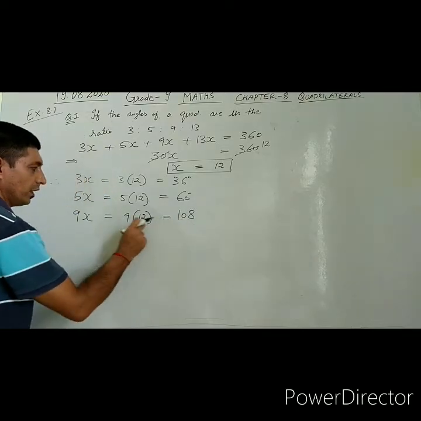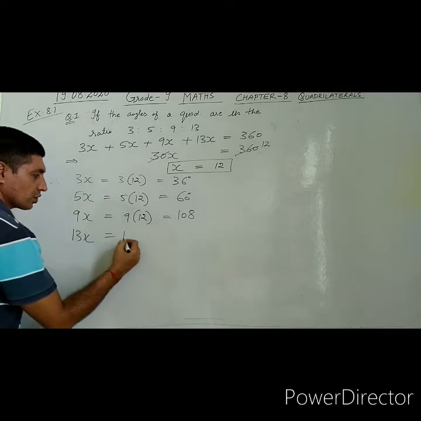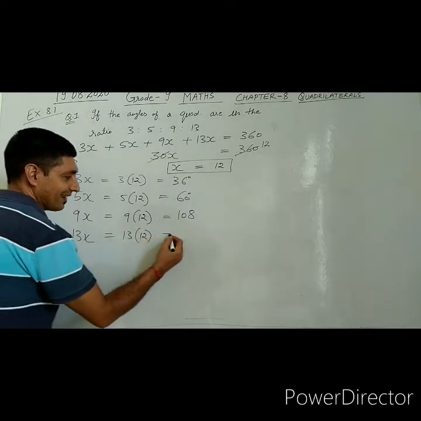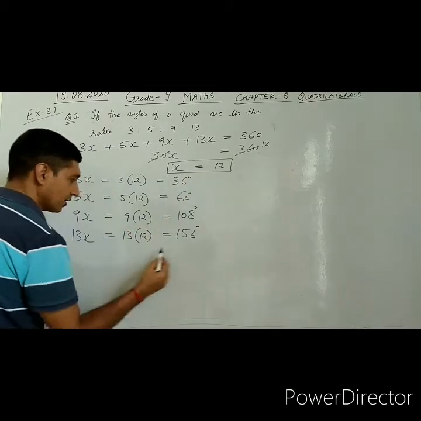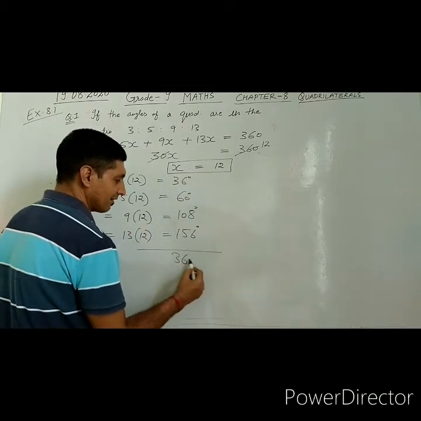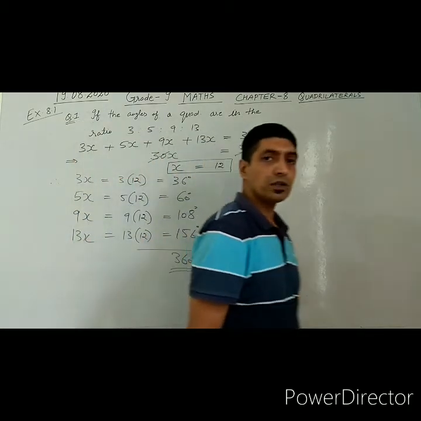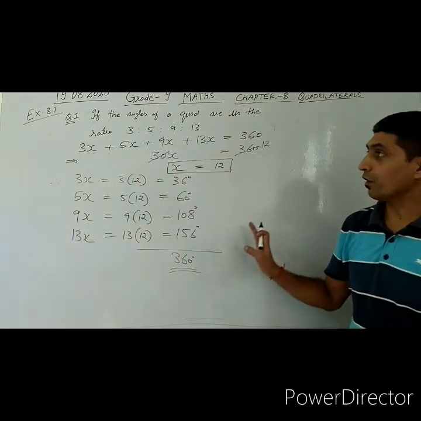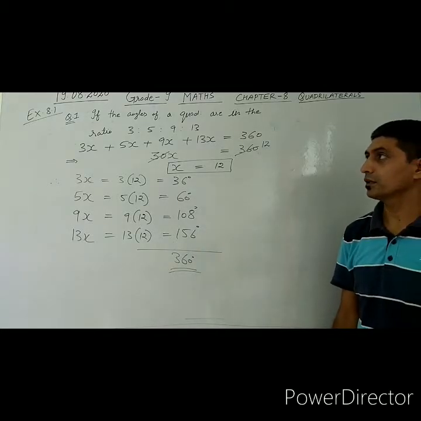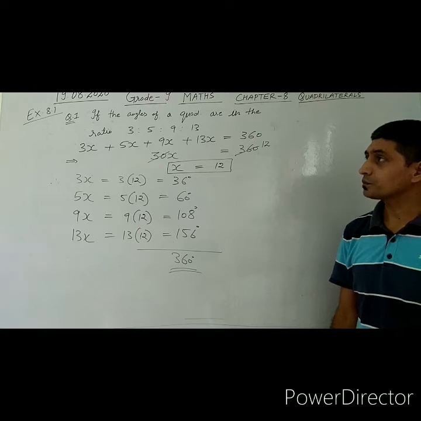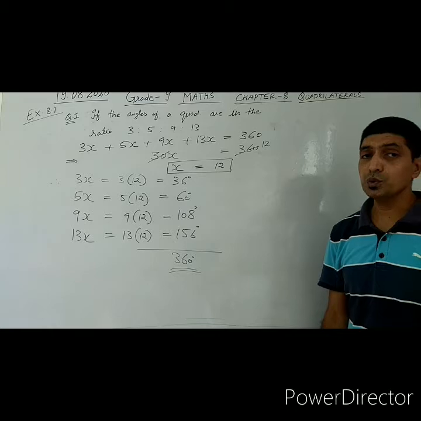And last is 13x, so 13 into 12, that is 156. If we add all these, the total of all 4 angles is always 360 degrees. So this is all about question number 1 of exercise 8.1, right?